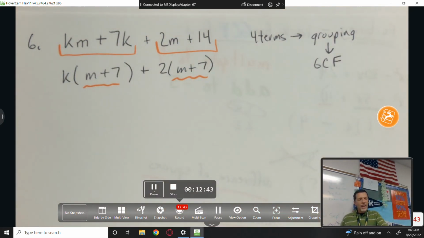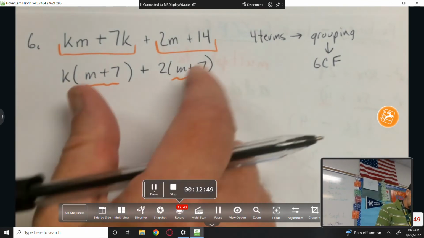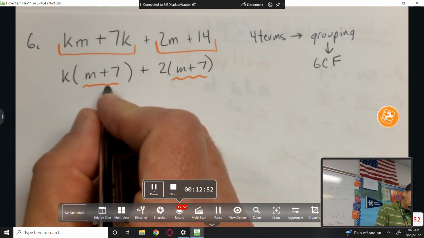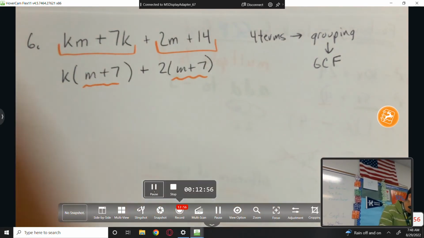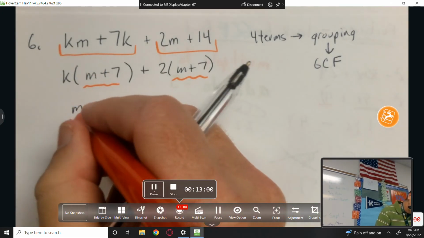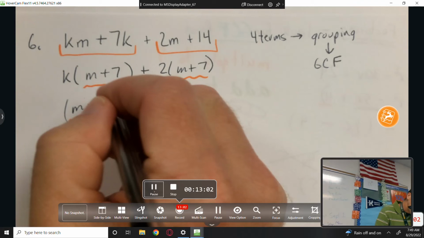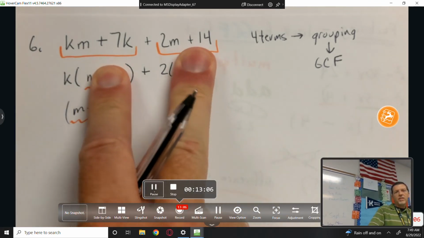If that doesn't happen, then we probably wrote the problem wrong. Because we want those leftovers to be the same. Because now you have k times something and 2 times the same something. So you can factor out the m plus 7. And when I factor out m plus 7, it leaves k plus 2.